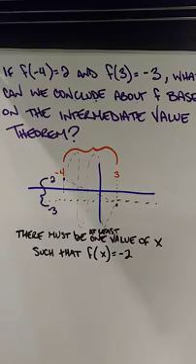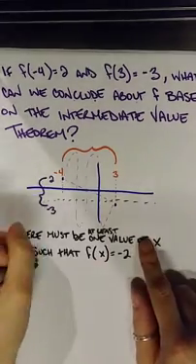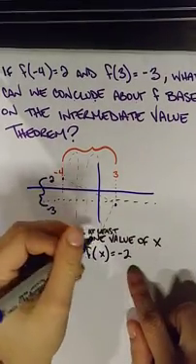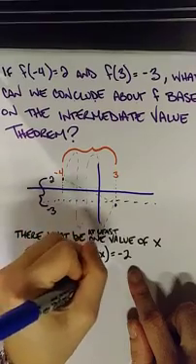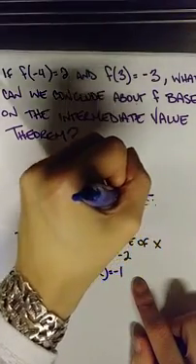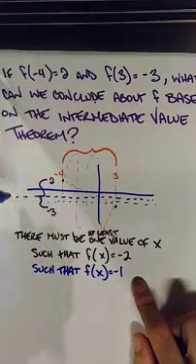That's not the only conclusion that I can draw. I can also say there must be at least one value of x such that my y values, f of x, equals -1. That's also a place where this function must exist, -1, right on this line, right?